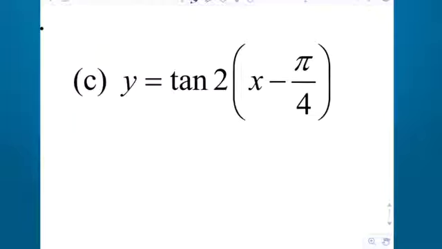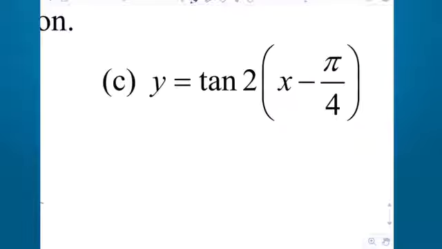This is a little more interesting because notice now we have some horizontal action going on, right? We have a B value of 2 and a C value of pi fourths. So the 2 is going to do what to the graph? Horizontal compression. Good. Horizontal compression by a factor of 2.